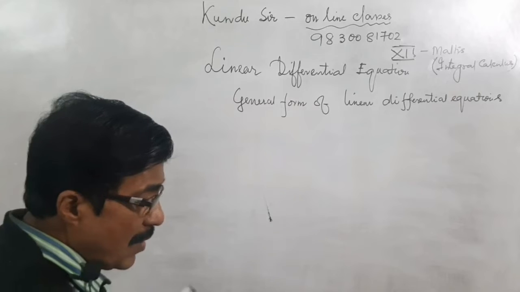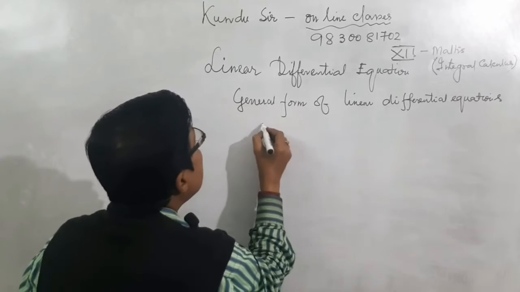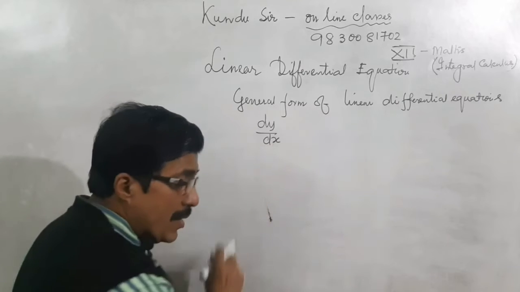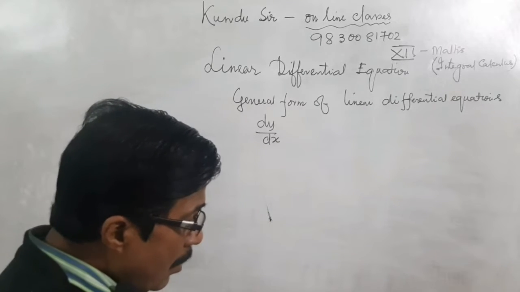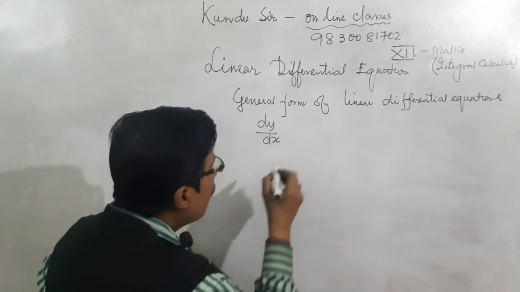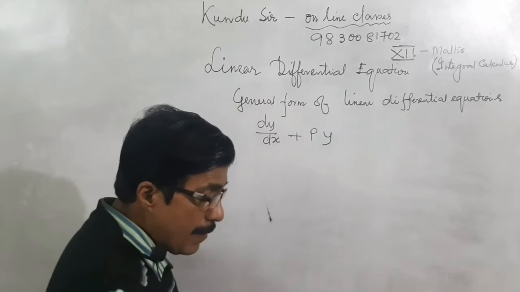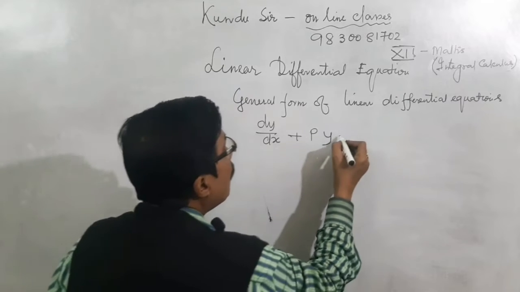Therefore, first, dy by dx plus p into y equal to q.